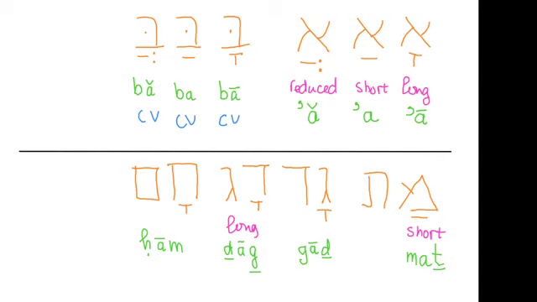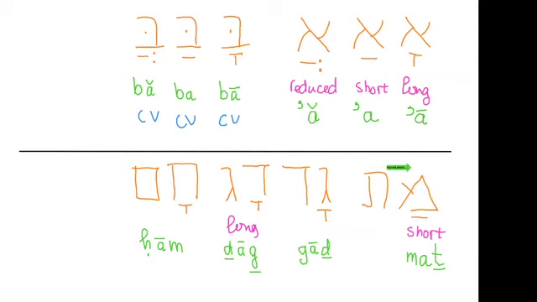You see here the consonant and the vowel, and that's called CV.